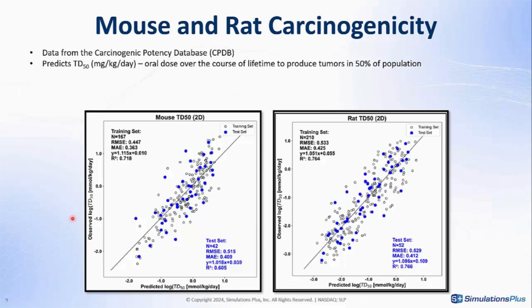And so this is a long-range study, and a model is very helpful in trying to predict that, because it typically would take a long time to assay the compounds via this test. And we have one for mouse and rats. Again, we build a model in millimole and then convert it back to milligram per kg per day.